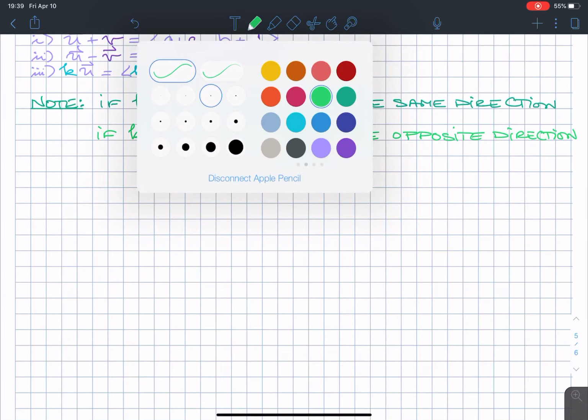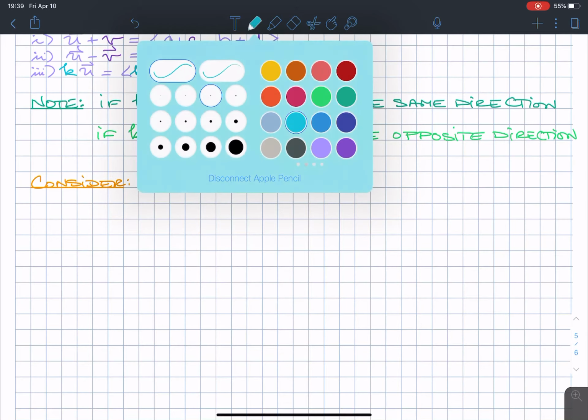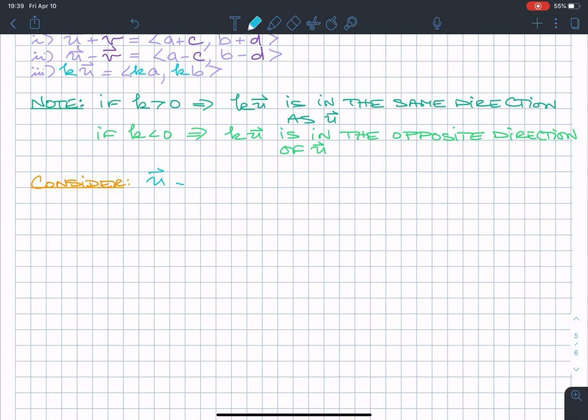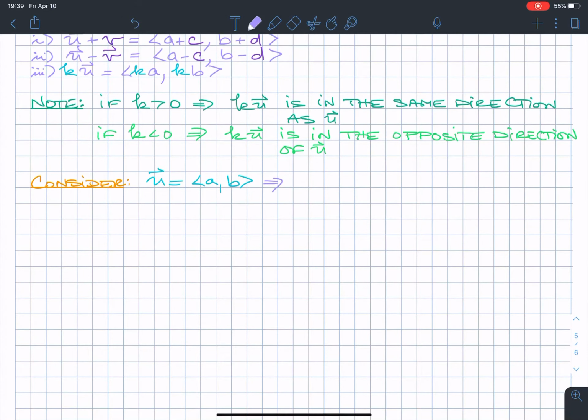Okay, let's also consider, let's say we have u is any vector a comma b. Well, we know that this implies that the magnitude or length of vector u is the square root of a squared plus b squared.